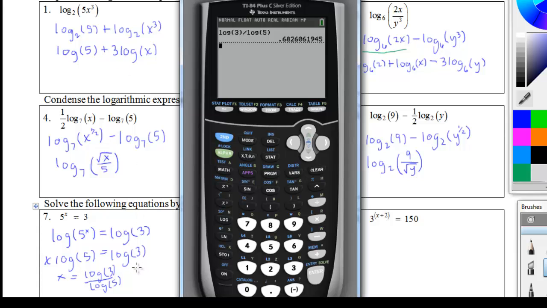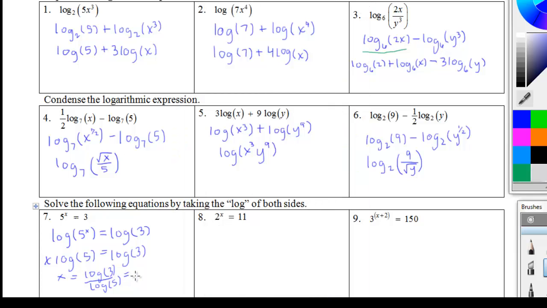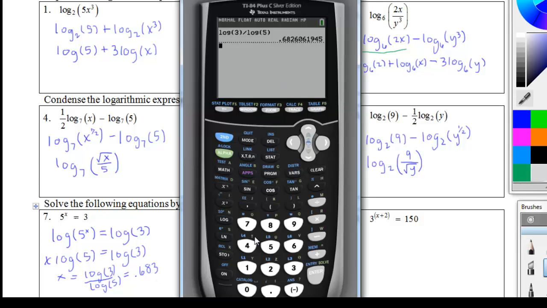So we'll round it to, say, 3 decimals, 0.683. And then notice if you take that answer and do 5 to that power, and press enter, you will get the 3, which shows that that is in fact the solution.